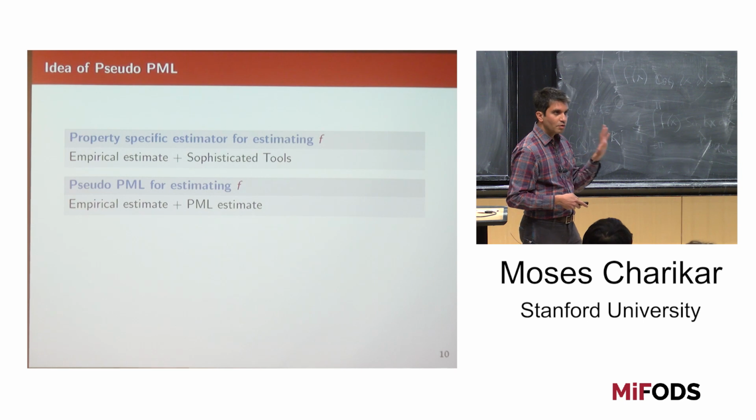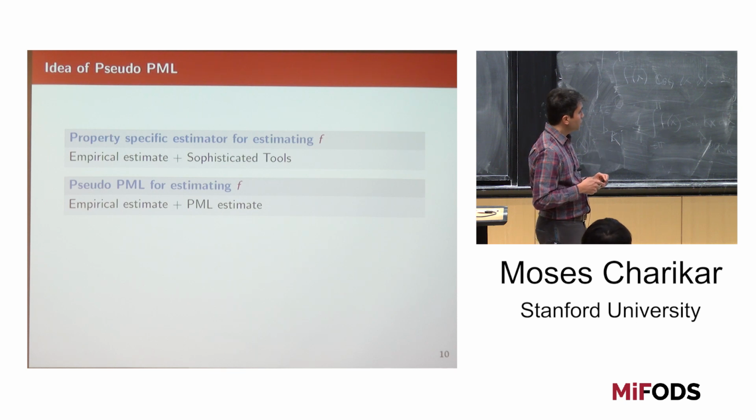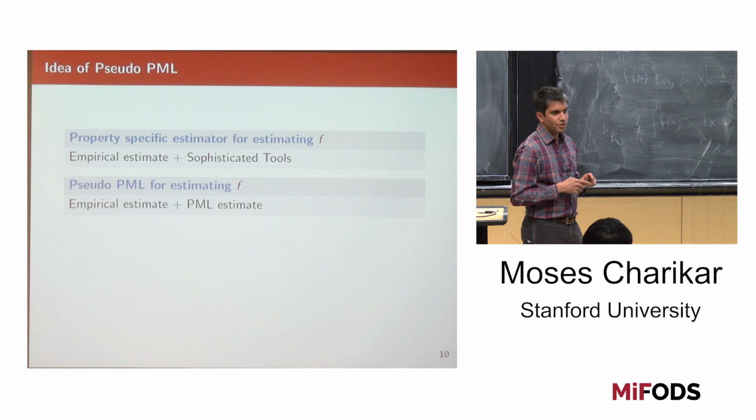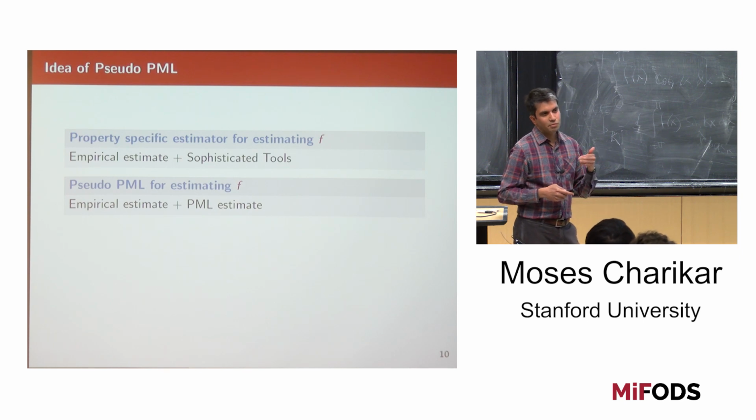What we proposed is a very simple approach: for some range of frequencies, take the empirical estimate, and for the other frequencies, take the profile maximum likelihood estimate.